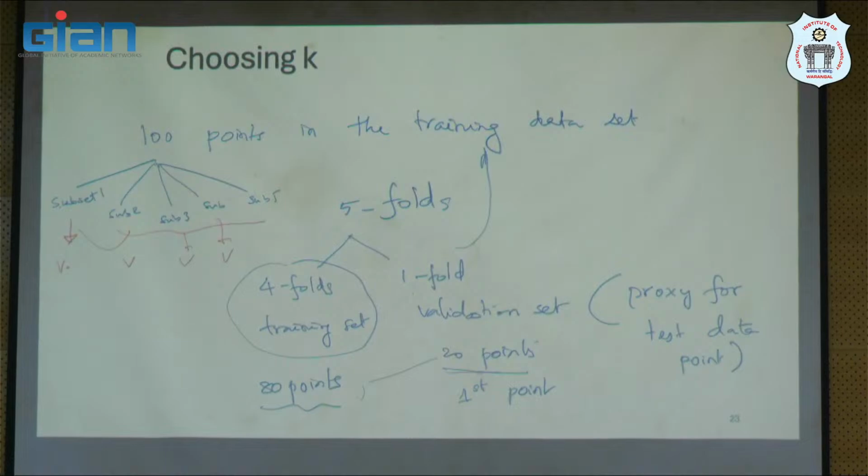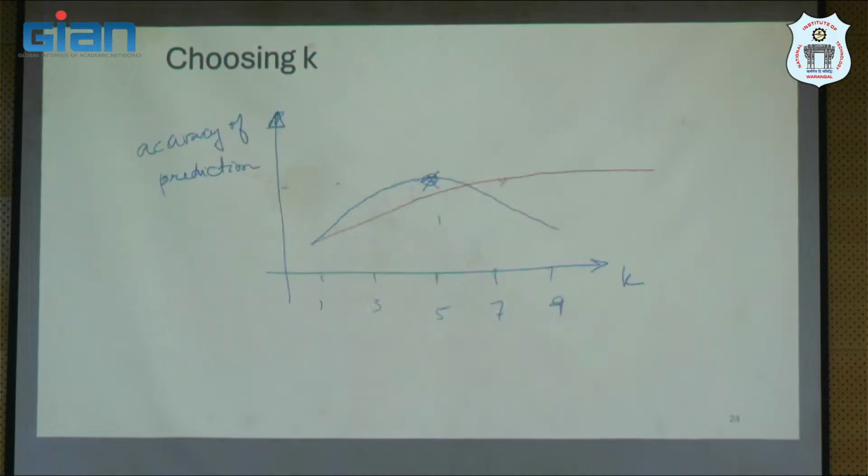So you will have 5 sets of information, and for each of them you will have a plot like this. You will take the average of the 5 accuracies of prediction for different k, and you will come up with a cumulative plot. So this will no longer be just accuracy of prediction from one validation set, but the average accuracy of prediction over 5 validation sets.